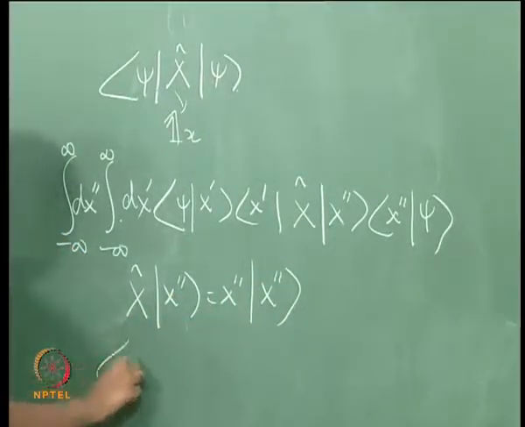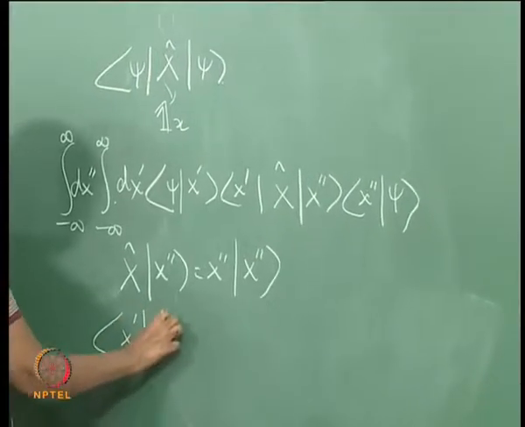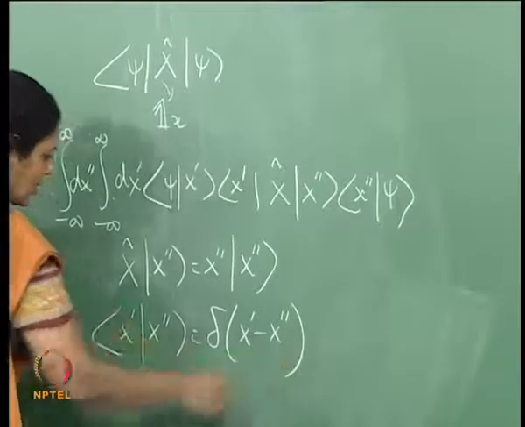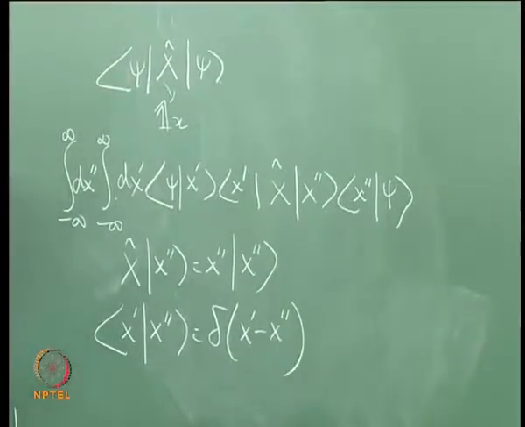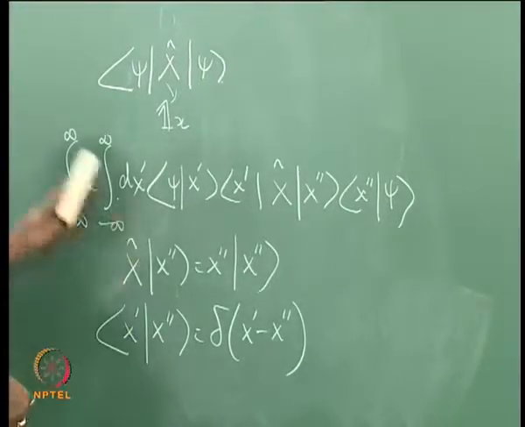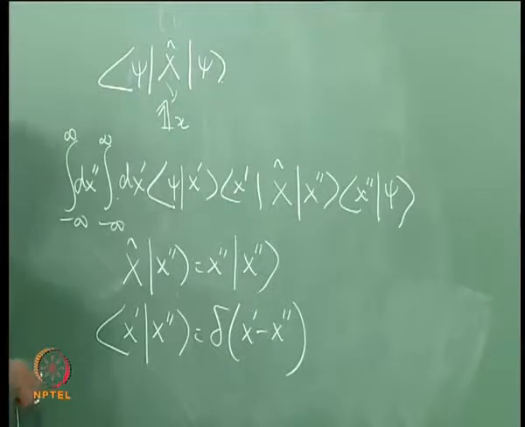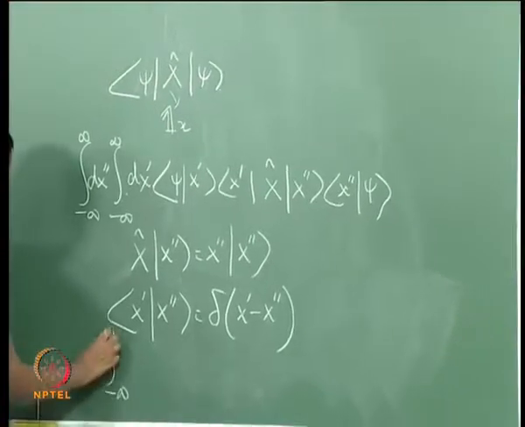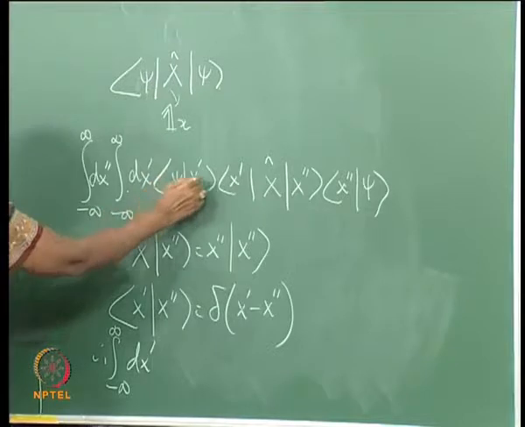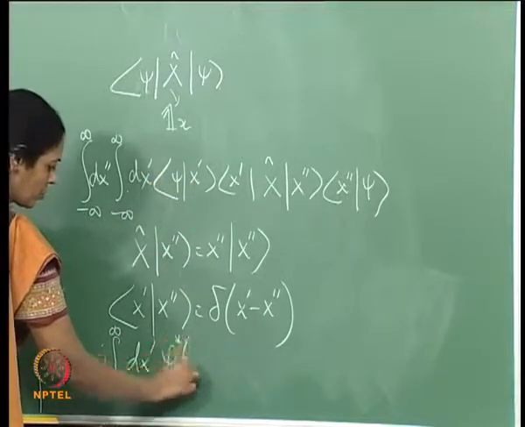I also therefore know that because of orthonormality, this is how I replace the orthonormality condition, because it is a continuous basis, with a delta function. And therefore substituting things in, I find that one of the integrals goes, I replace all x double prime by x prime, and I have minus infinity to infinity dx prime. This is psi star of x prime in our notation.